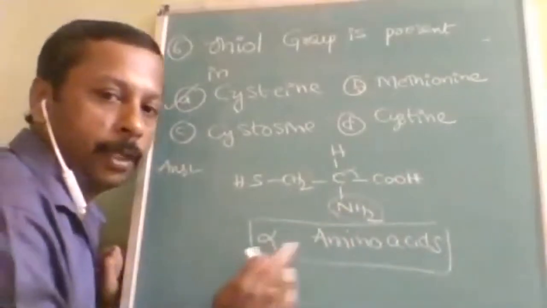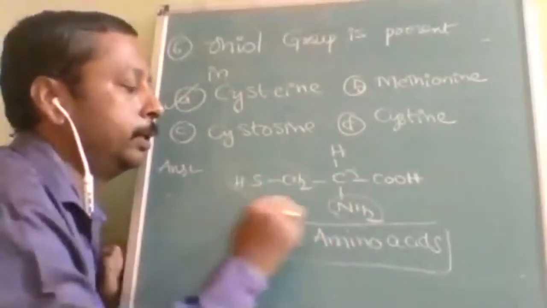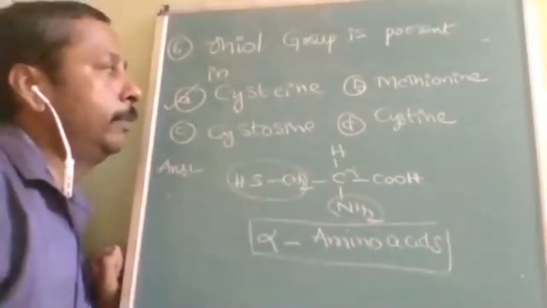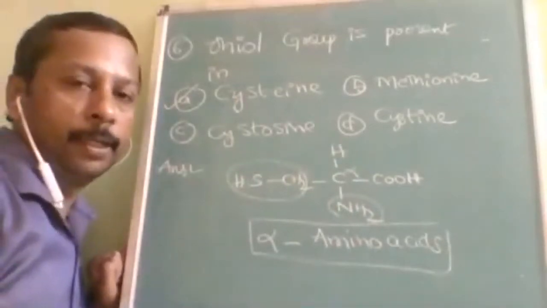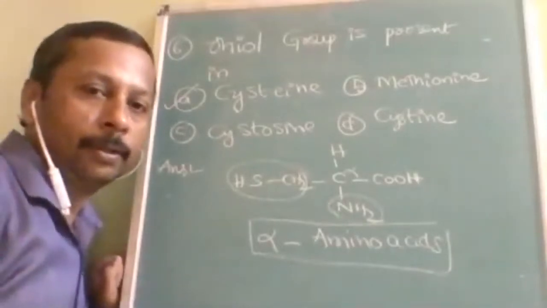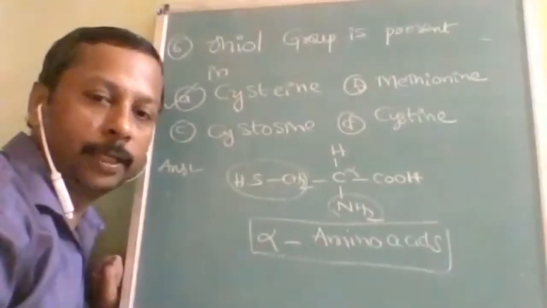This is the general formula and this is the side group, which is contained by cysteine. The spelling is very difficult in biology terms. So the answer is A. Is it understood? So we will go for the next question.